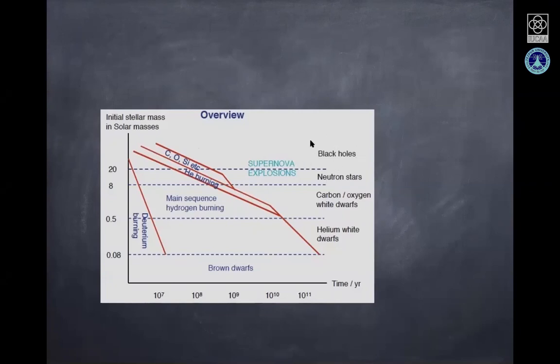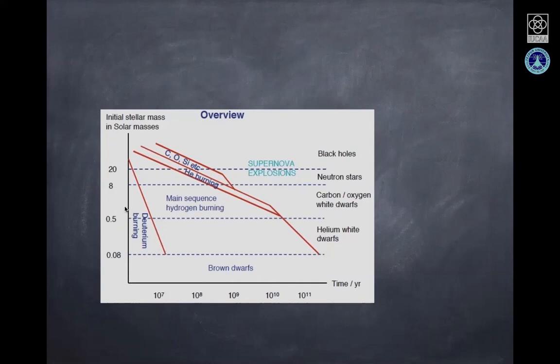It has to form a black hole, because for those stars the core mass is going to exceed the maximum allowed mass of neutron stars. These are the different possible end stages of a star.